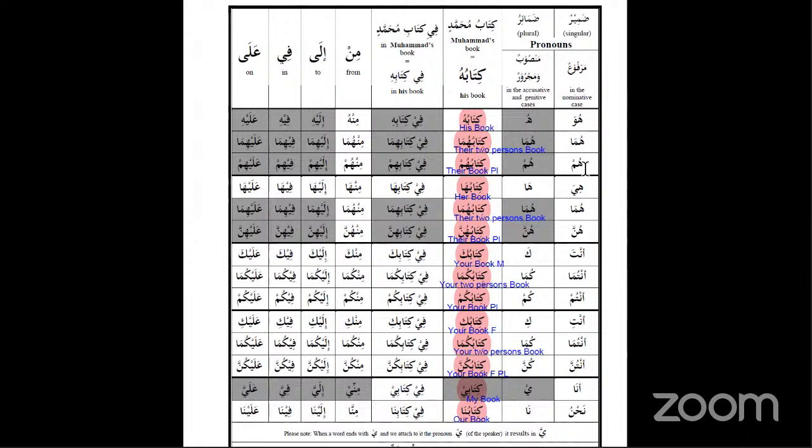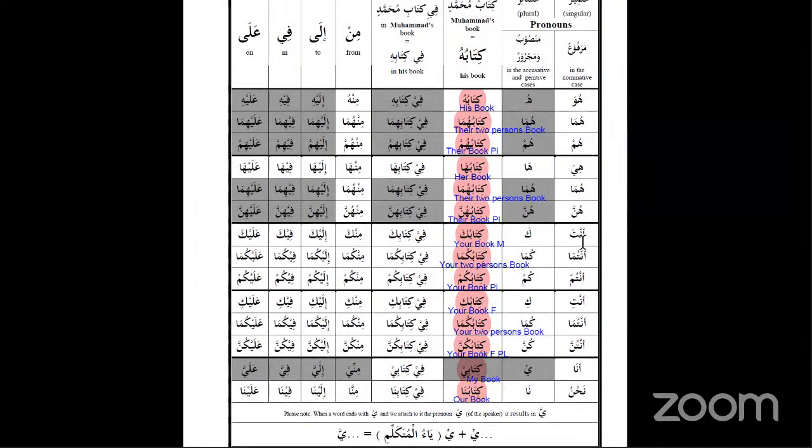So when the ha attaches to kitabun it will be kitabuha. Her book. Huma, kitabuhuma, for two females. Their book for two females. Hunna, kitabuhunna, their book for plural females.